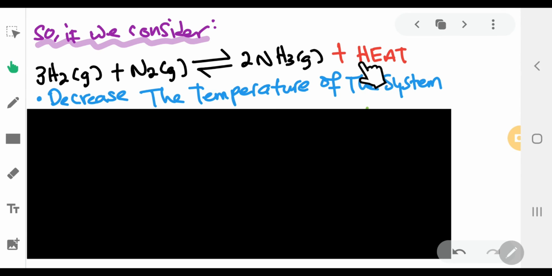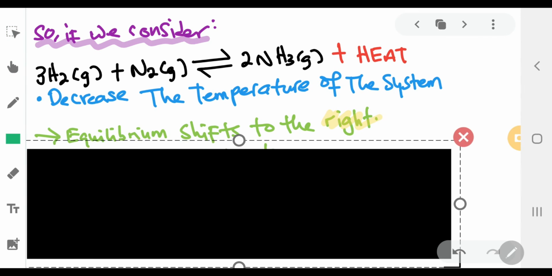In order for the system to counteract that change in temperature, you will need to produce more products and release more heat. Why do you want to release more heat? Because you have decreased the temperature of the system. Therefore, the system wants to achieve a new equilibrium, so you will need to produce more product and also heat.